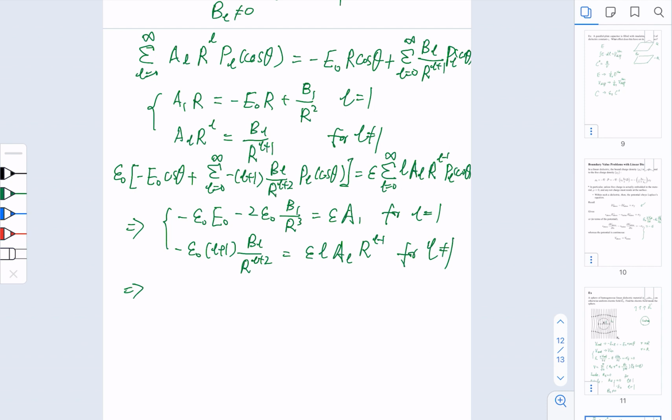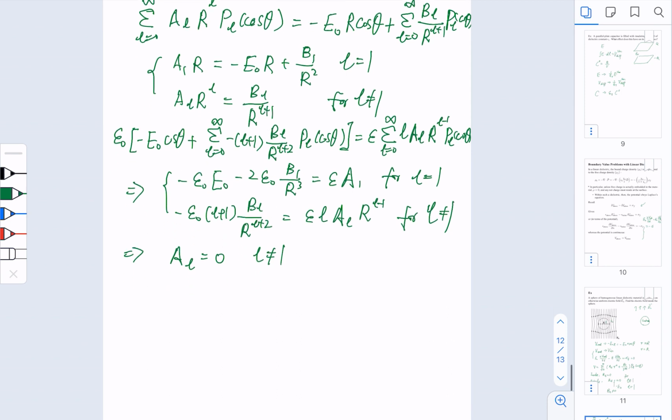It's a little bit messy, but if you work it out yourself, the answer is A_L is 0 when L is not equal to 1, and A_1, the special case, equals a factor involving epsilon plus twice epsilon naught.